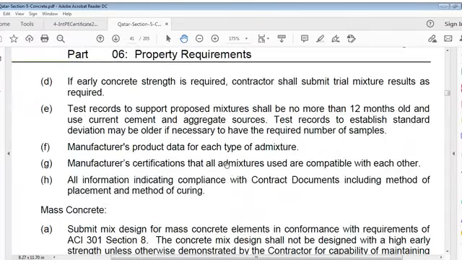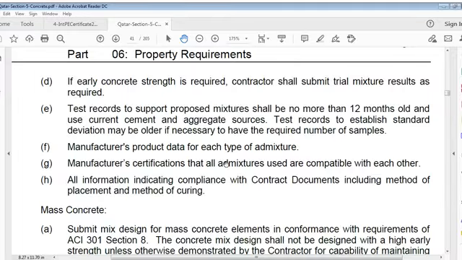If early concrete strength is required, the contractor shall submit trial mix results as required. Test records to support the proposed mixture shall be no more than 12 months old and use current cement and aggregate sources. Test records to establish the standard deviation may be older if necessary to have the required number of samples.